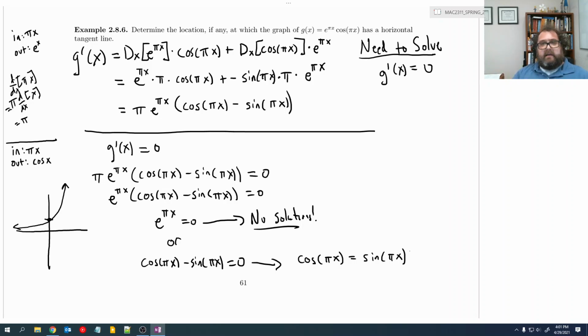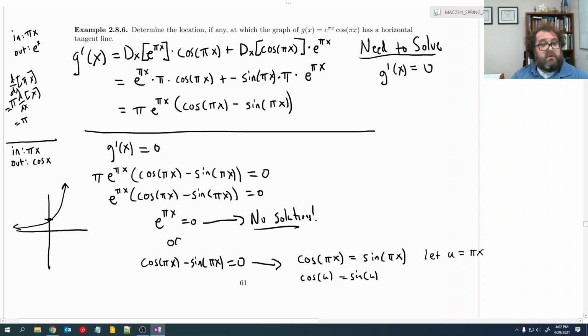But here, since we have a composite function, what I like to do is use what's called substitution. That is, we want to solve for x. We have a pi x. But what if I did this? Let's just say u equals pi x. Okay? So then we could say cosine u equals sine u.